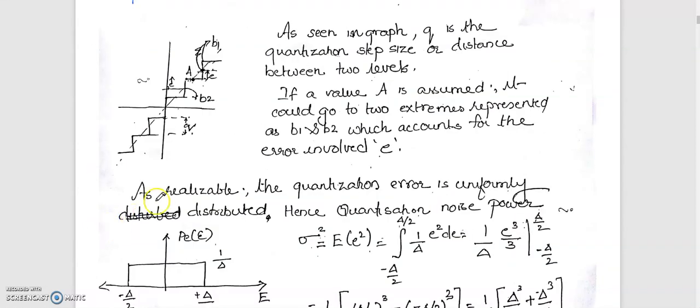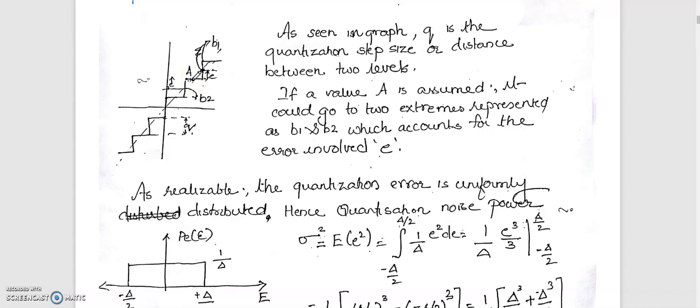Now if you look at this graph, you can see that a value a will be approximated, either to this level b1 or to this level b2. So you don't have to get confused: you can assume that a is at this point, and it can be approximated to this level or to this level.